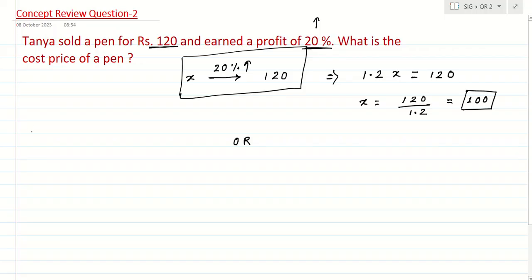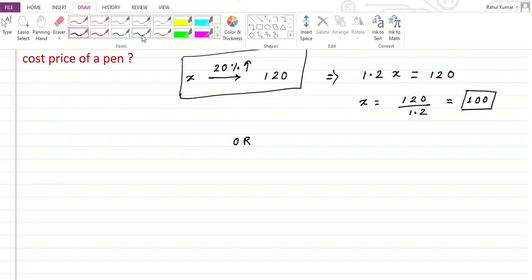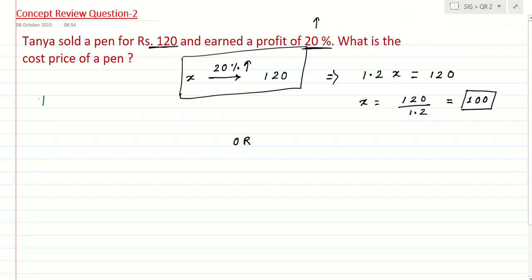See, the trick says, I'm just taking a red, green color. The wonderful trick for this kind of question: if I'm increasing by some fraction, let's say I'm increasing by x upon y, then while coming back, I have to decrease it, no? Let's say I am increasing from x to 120 by 20%.